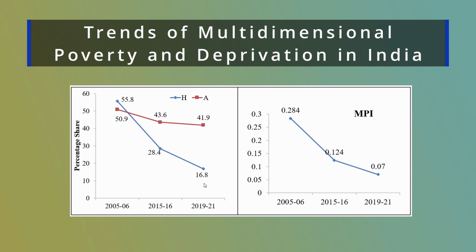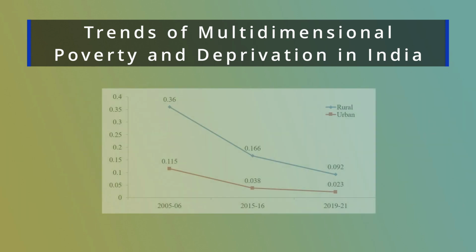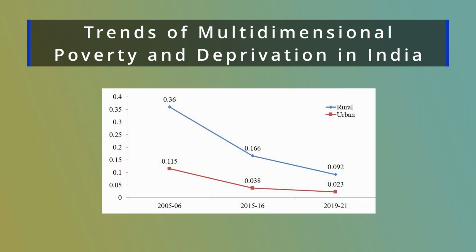Similarly, intensity of poverty also decreased in India. As a result, the MPI, which is actually the product of H and A, also decreased in India from 0.284 to 0.007.